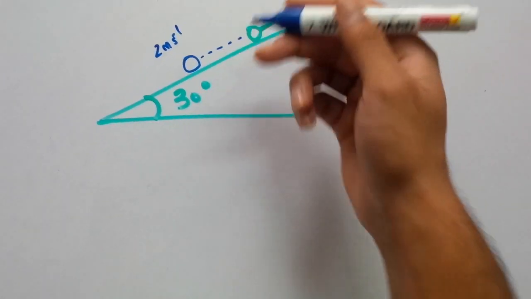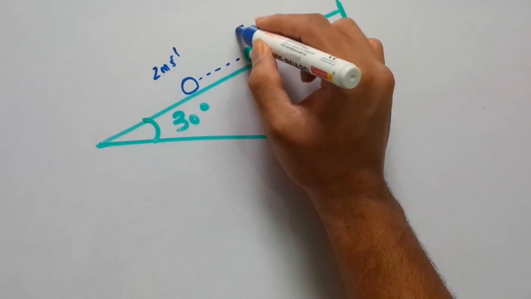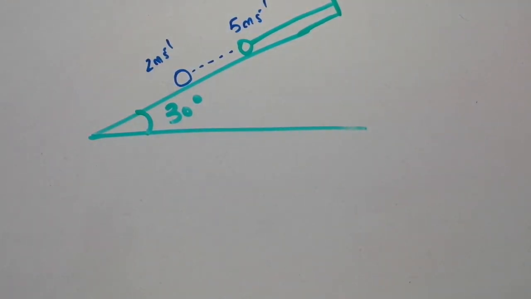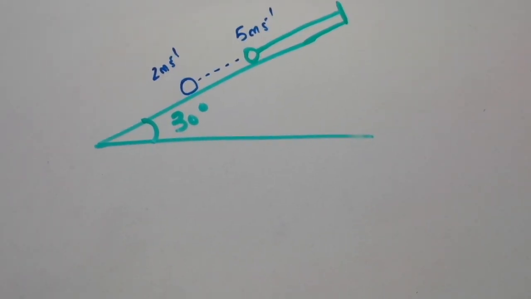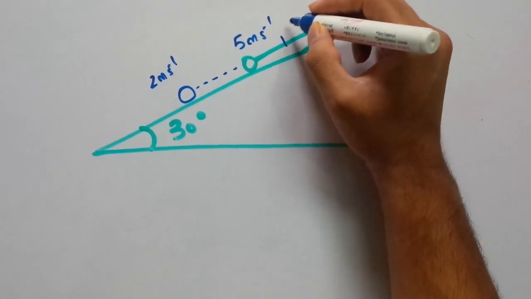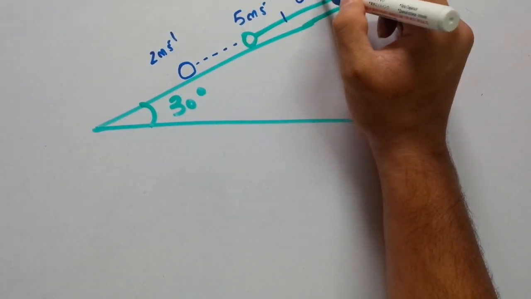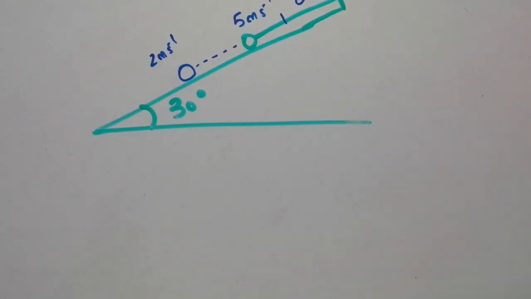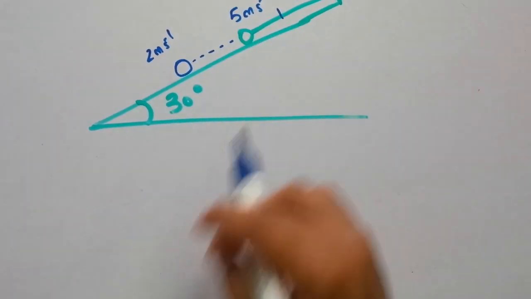Let's assume that the speed of the particle at that point is 2 meters per second. In order to find the extension in the string, which is from the natural length 0.4 meters, we are going to consider the energies of this particle at both points.